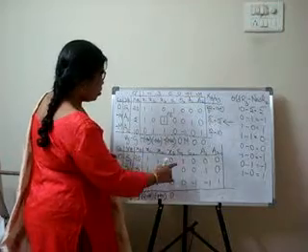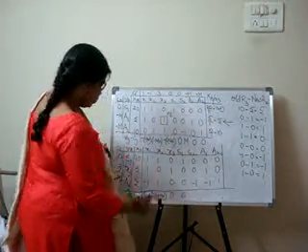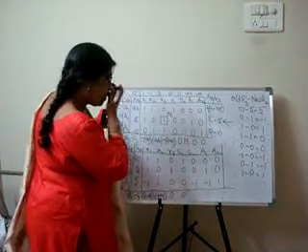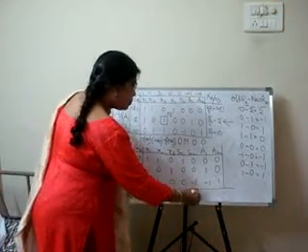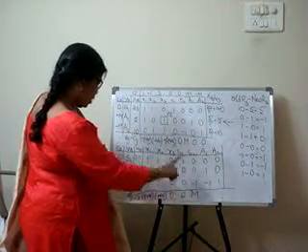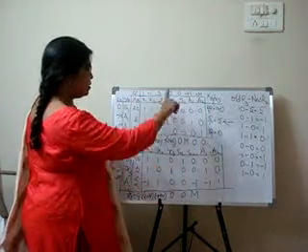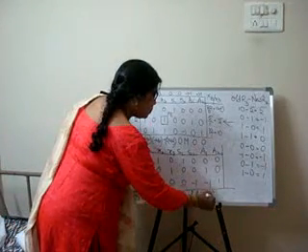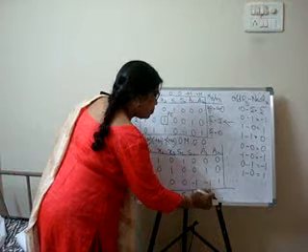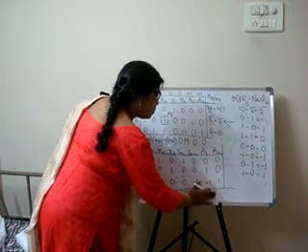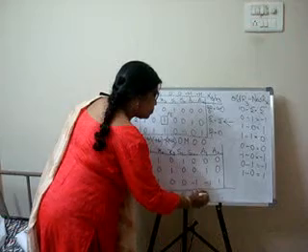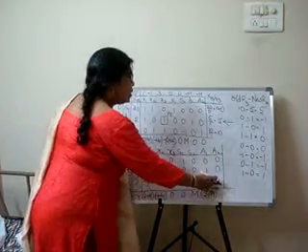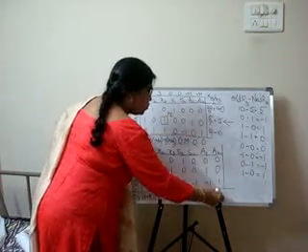Then all are 0, 0 minus 0 will be 0. Next m into minus 1, minus m, minus 0 is minus m. Now this is 0. 3 plus m minus m, 2 plus 3 plus m, that is 5 plus m. Minus m into 1, minus m plus m, it is 0.